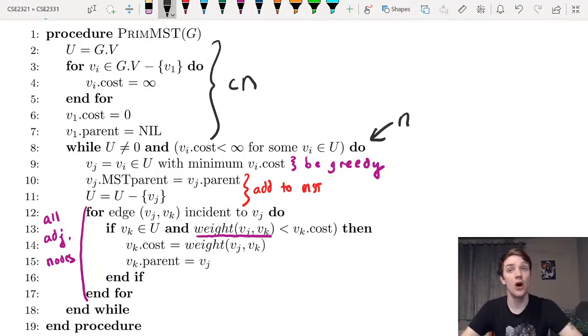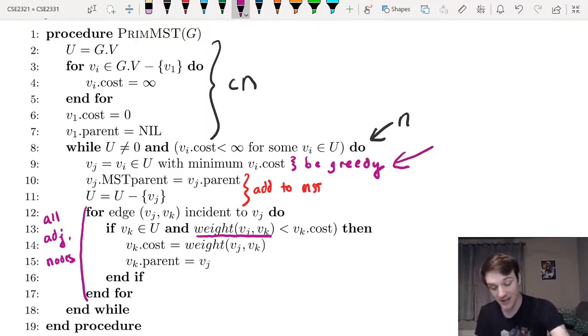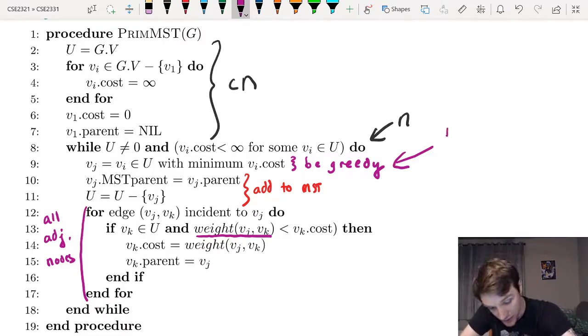So what is the cost of looking at each of these nodes? If we wanted to be precise, maybe we would write this as, at the start, we would have every node, it would be n for the first run, and then n minus 1, and then n minus 2, and we would keep going.